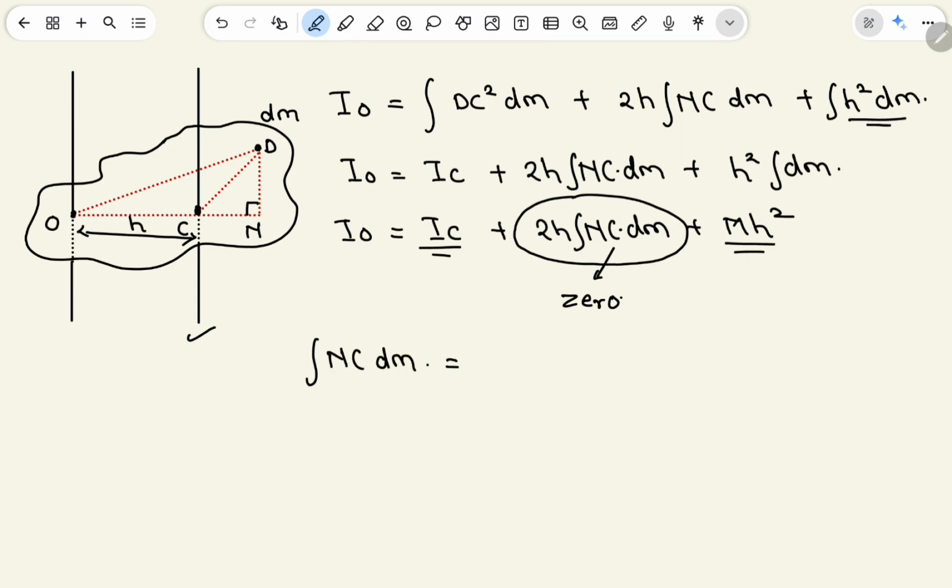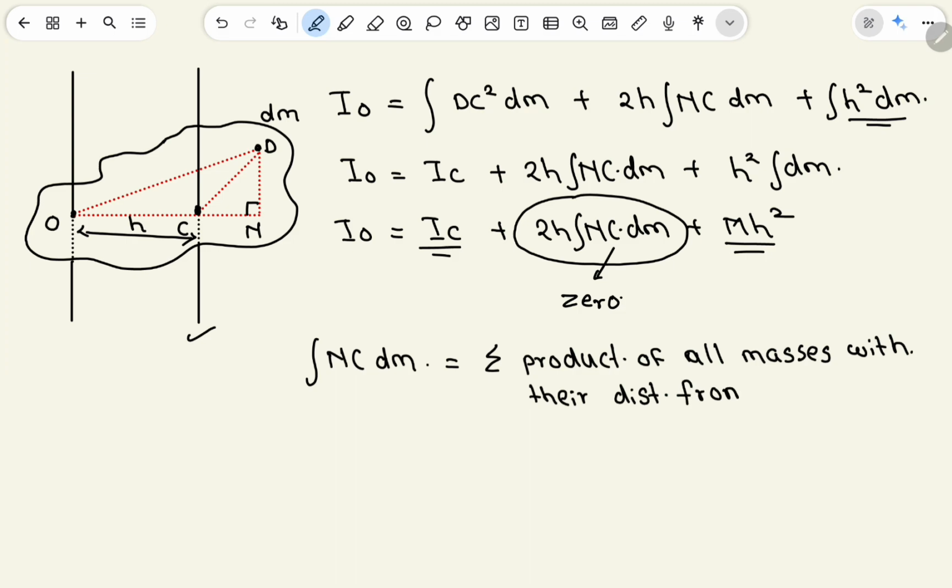In this integral, integration basically means summing up. It is the summation of the product of all masses with their distances from center of mass. Because this integral means that we are placing a dm mass over here, and then multiplying dm and nc, and we are doing this for all the masses all over the body.